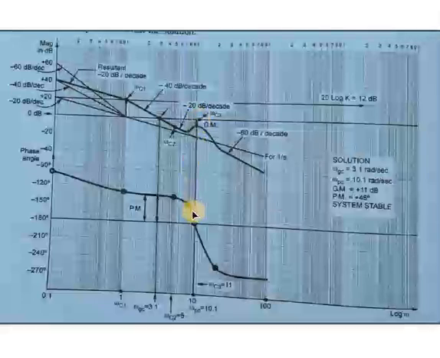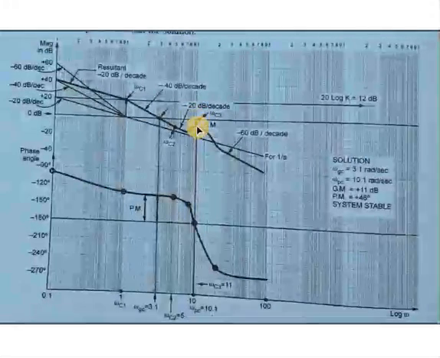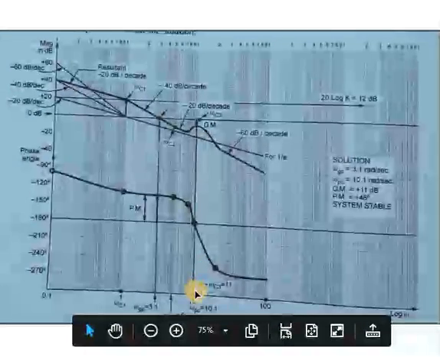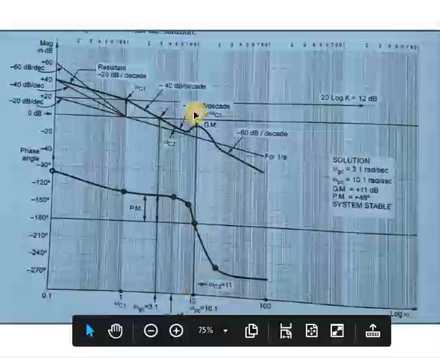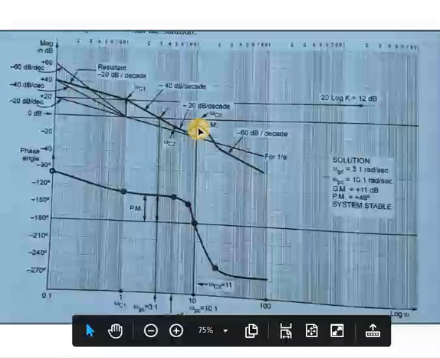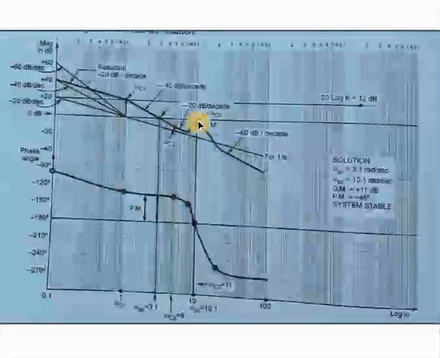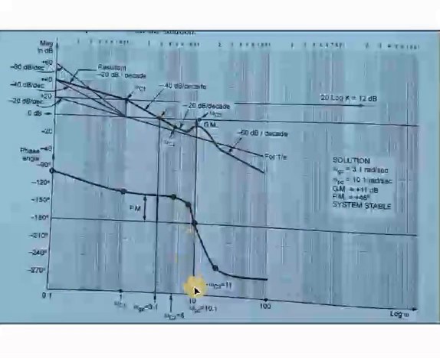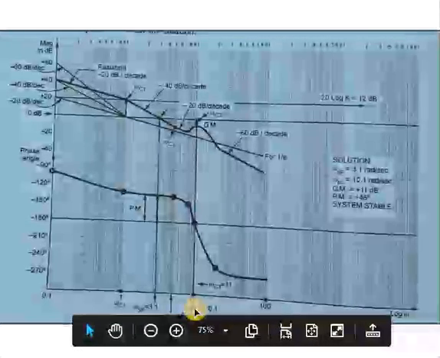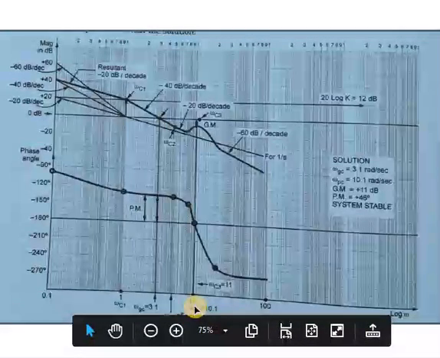So draw a vertical line till the 0 dB line as well as the omega line, that is the x-axis. The distance between your angle plot and magnitude plot and this 0 dB line will be your gain margin, and the respective frequency will be omega PC, that is phase crossover frequency.